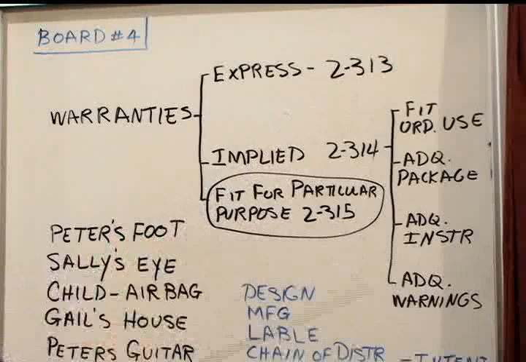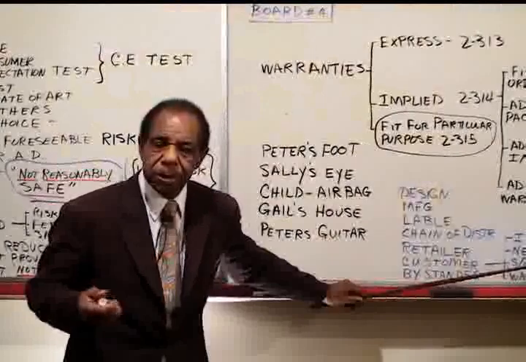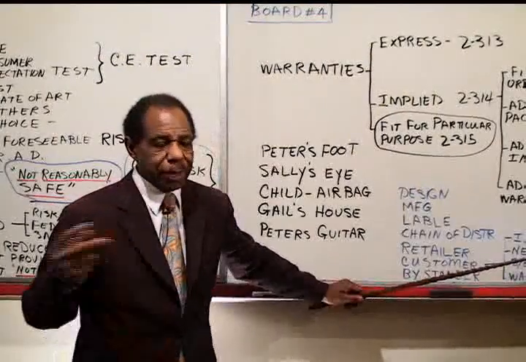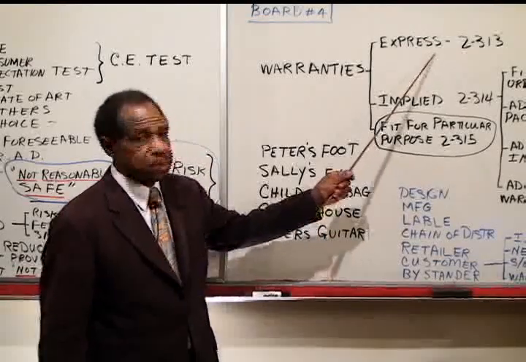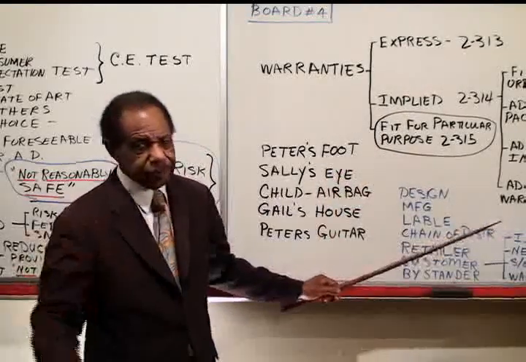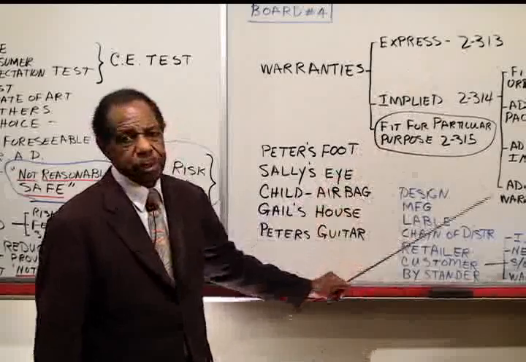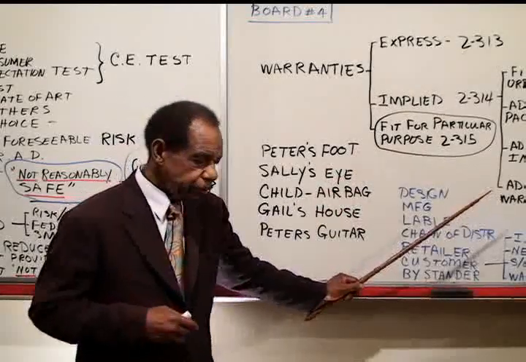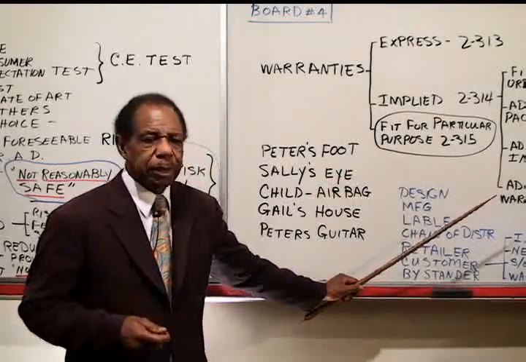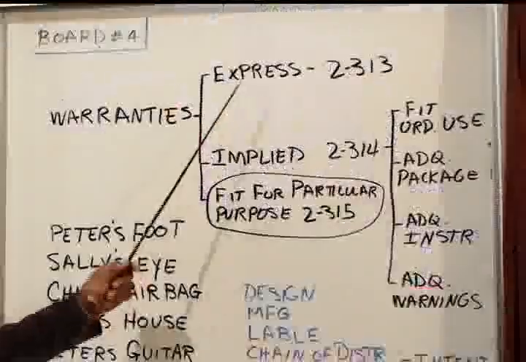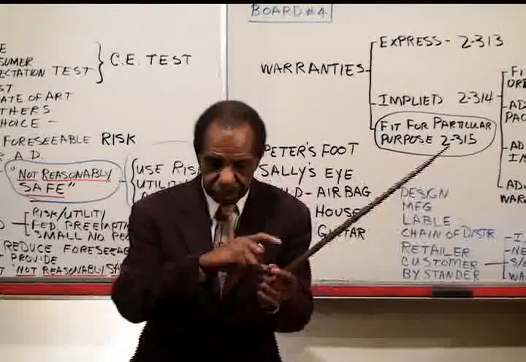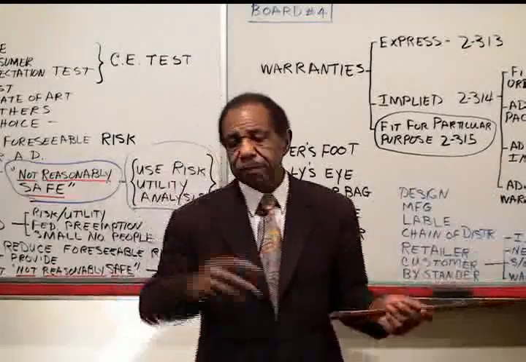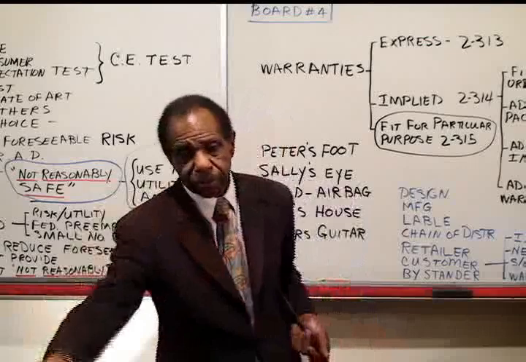2-313, any express warranties that were made. Well, the company that made the allergy pill told Sally in their ads, the product is safe. And it wasn't. So that's a breach of warranty. She can recover for that, get her damages. The problem with breach of warranty is the privity problems, and that is solved because when these people put out the advertisement saying it's safe, or put it on the bottle saying it's safe, however they said it, it was intended to reach the purchaser.